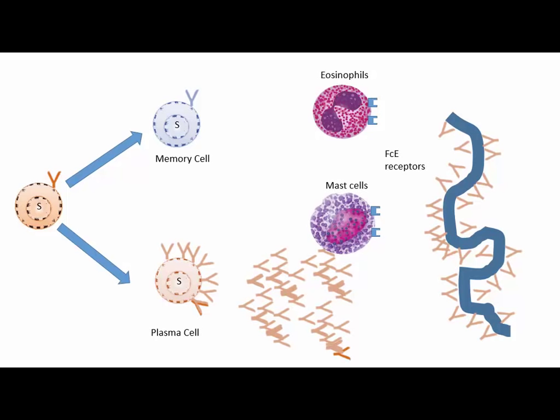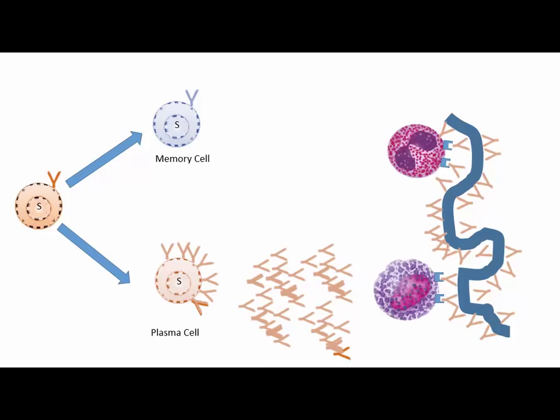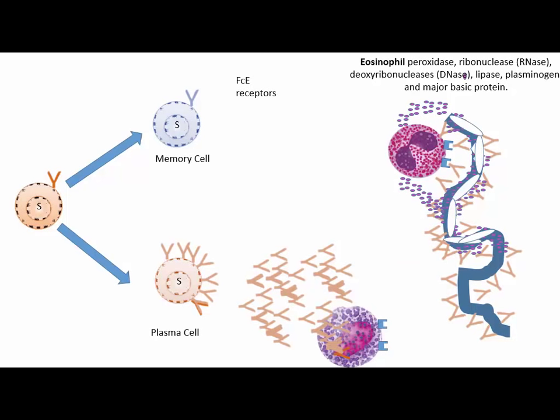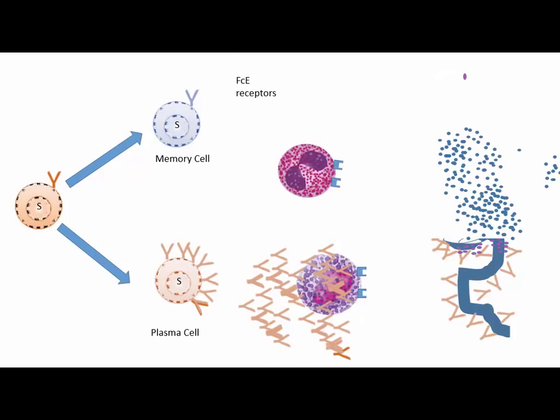So what happens is these eosinophils and mast cells use their FcE receptors to bind to the IgE that's attached to the worm, and once it binds, it releases its lytic enzymes outside the cell, and they will then subsequently degrade the worm. So you're talking about eosinophil peroxidase, ribonuclease, deoxyribonuclease, and a whole range of major basic proteins and others, okay? And it will degrade the worm and eradicate the infectious agent.